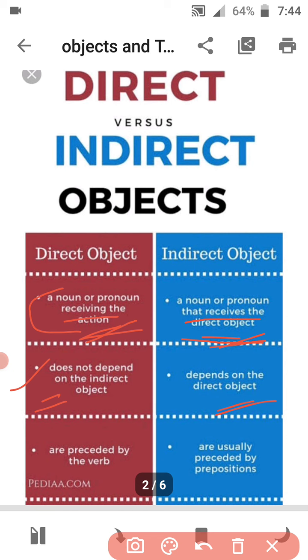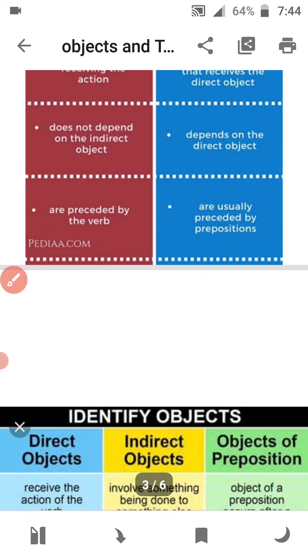Are you clear? So third point, direct objects are preceded by the verb, whereas indirect objects are usually preceded by a preposition. Okay.